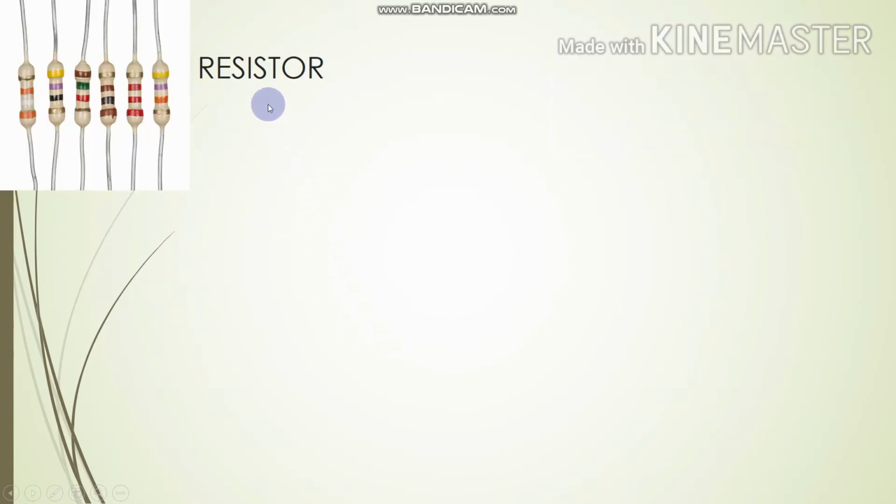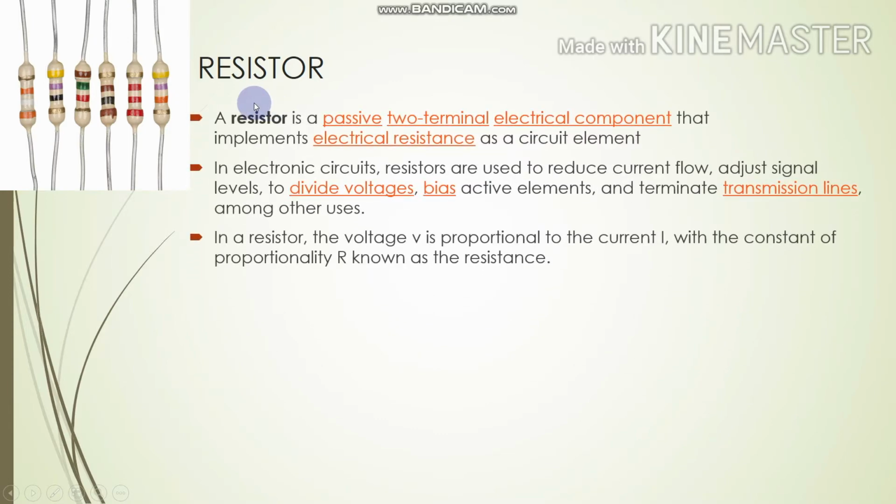We move to the resistor. A resistor is a passive two-terminal electrical component that implements electrical resistance as a circuit element. In electronic circuits, resistors are used to reduce current flow, adjust signal levels, divide voltage, bias active elements, and terminate transmission lines, among other uses.